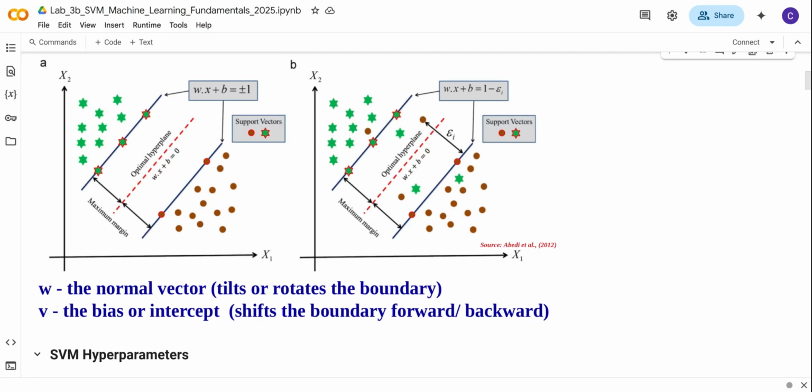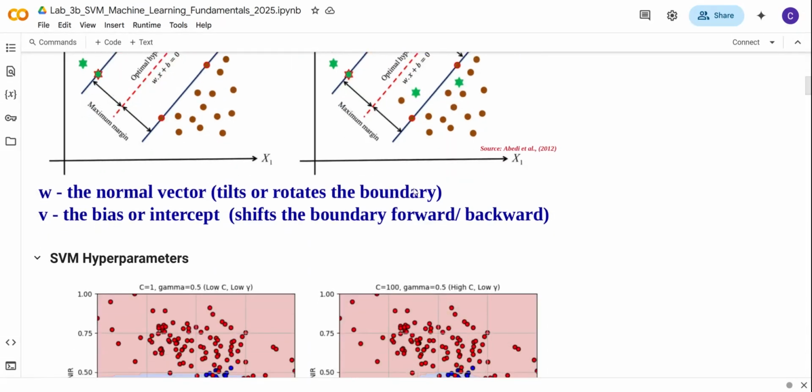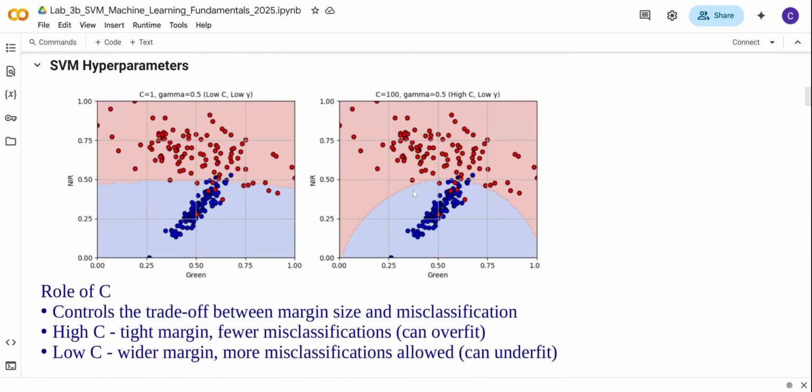When we are using support vector machines, we need to fine-tune hyperparameters to achieve the best model performance. The hyperparameters control how the support vector machines make decisions, affecting the margin size, the decision boundaries, and flexibility. Let's talk about some of the most important hyperparameters.